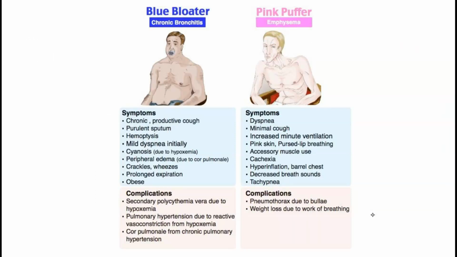This is usually, they love to put this in the textbooks, the difference between chronic bronchitis and emphysema, or your blue bloater versus your pink puffer. It's very infrequent that you see a person who has just one and not both. It overlaps so dramatically now because people are just abusive to themselves in terms of smoking and other damaging lung issues.